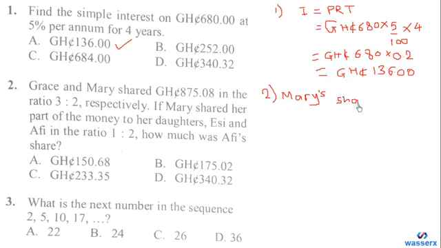Therefore, Mary's share will be equal to Mary's ratio, which is 2, over the total ratio, which is 3 plus 2, that will give us 5, times the amount shared, which is 875.08.